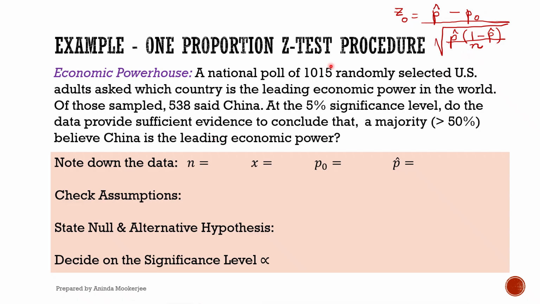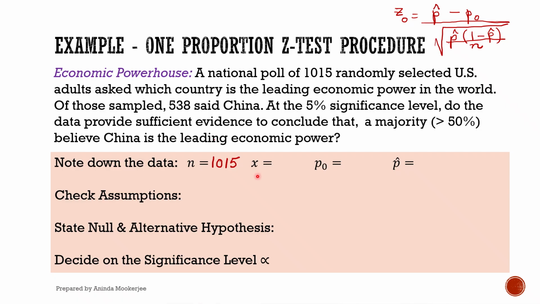So let's find out what the sample size is. 1,015 randomly selected US adults are to whom the survey was sent out. So this represents the sample size. So n is going to be 1,015.